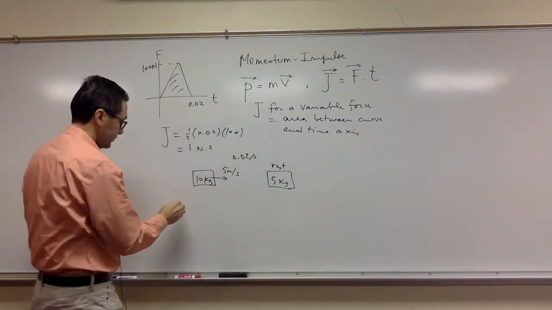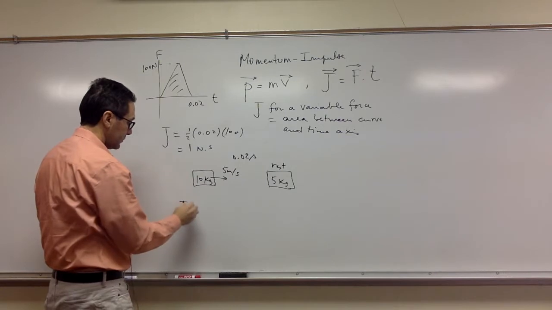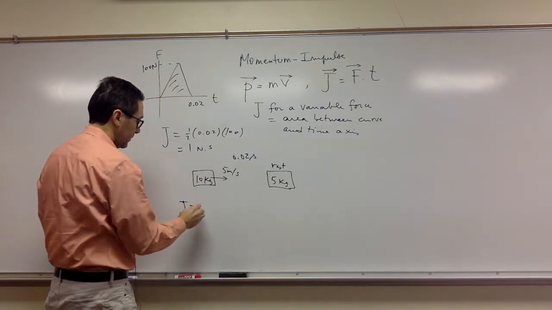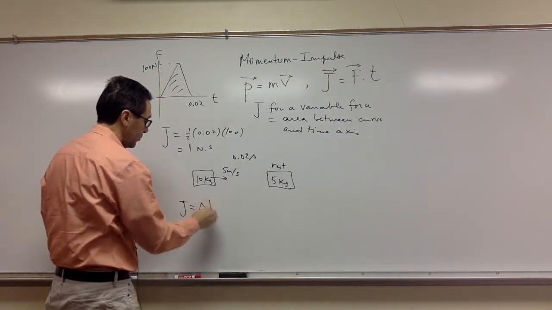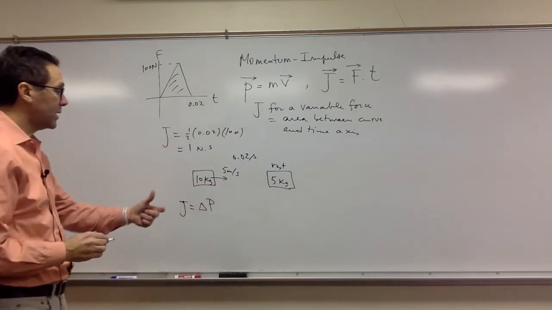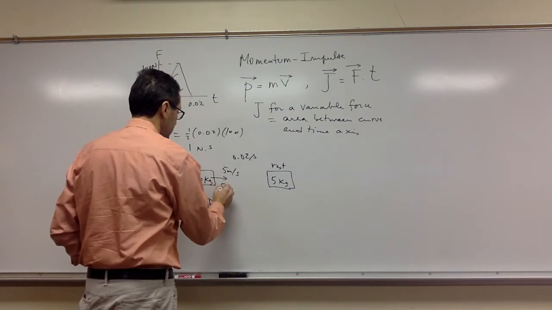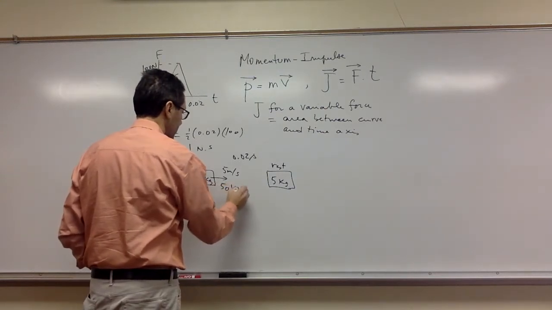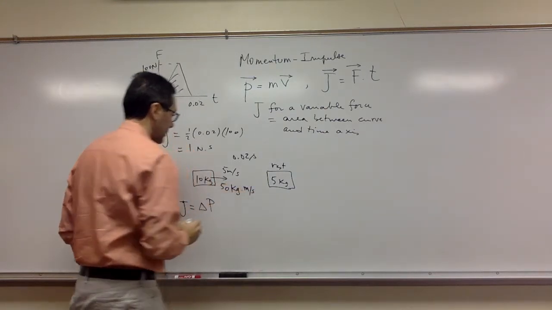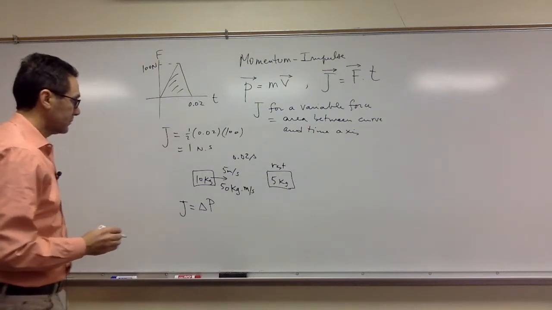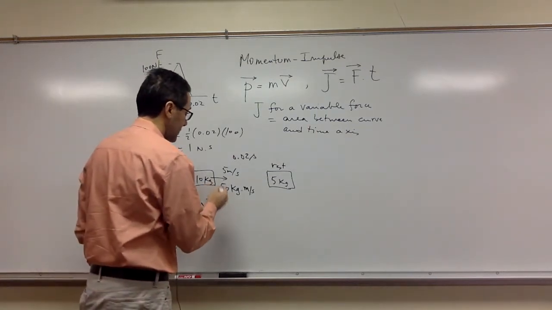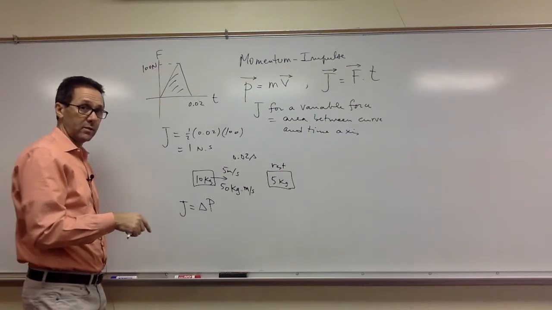All right, so impulse equals change in momentum, right? So I can figure out by how much the momentum of this one will change. Here it has a momentum of 50 kilogram meters per second. Let's see by how much it's going to change. It has to be less at the end, I think, right?